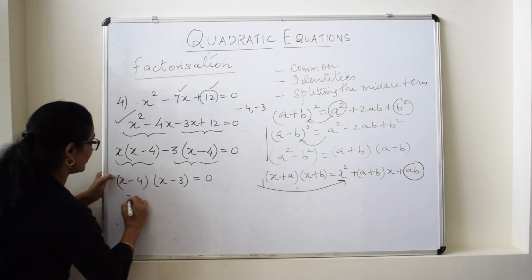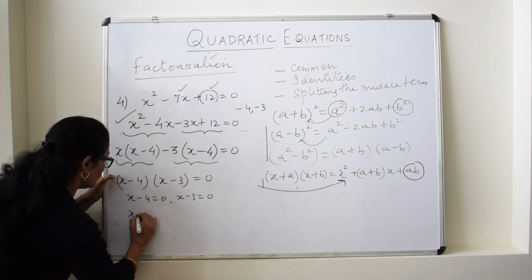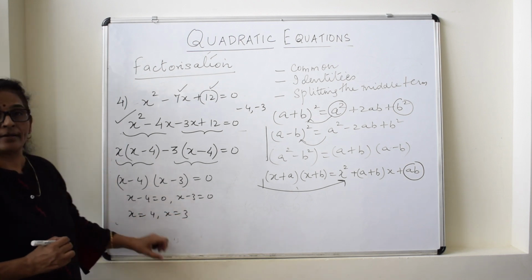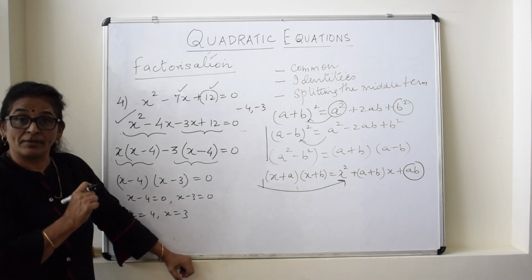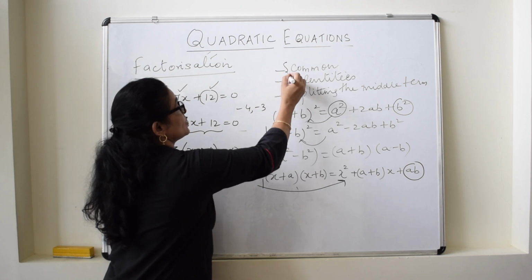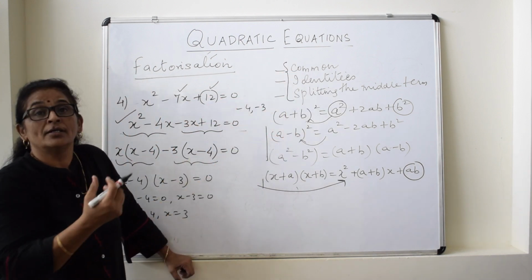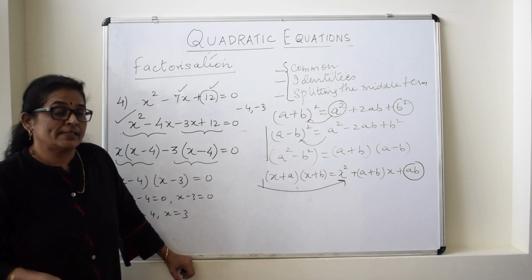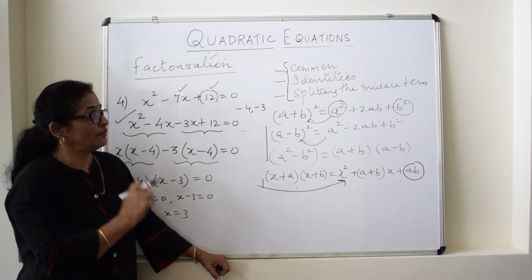Now these two linear factors will be equated to 0 separately, which will give us the two roots of this quadratic equation. So what we have seen is that the factorization method is based on either taking out a common factor, applying the identity, or doing it by splitting the middle term. Next we will see some more examples which are also based on factorization.